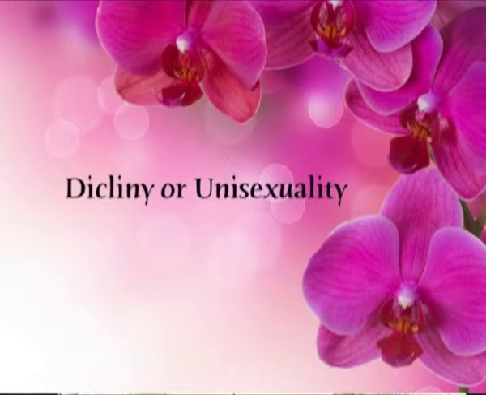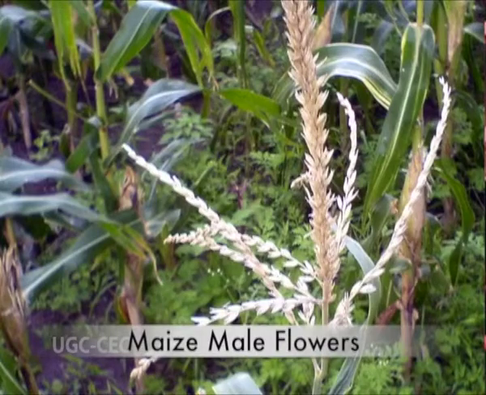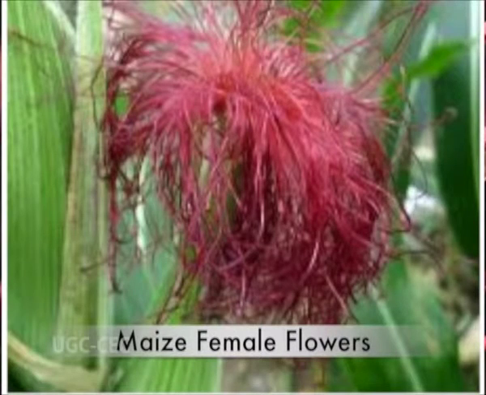Dicliny, or unisexuality: when the flowers are unisexual, cross-pollination is inevitable. In monoecious plants like maize, the male and female flowers may be borne on the same plant. In a dioecious plant like mulberry, the male and female flowers are borne by separate plants.